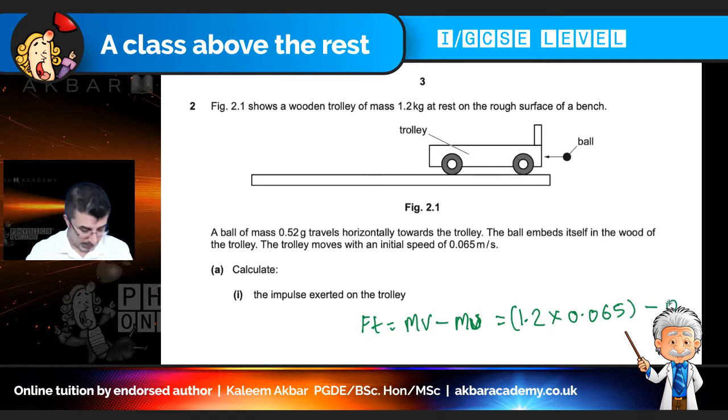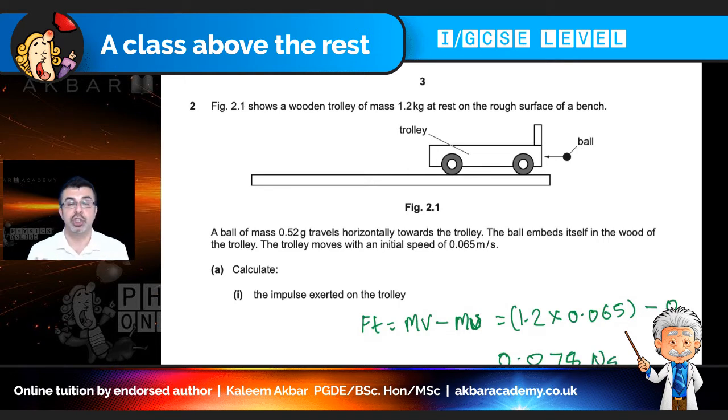If I stick that in my calculator, 1.2 times 0.065, I get 0.078. So the impulse is 0.078 Newton seconds.